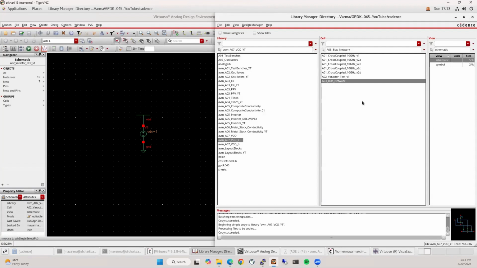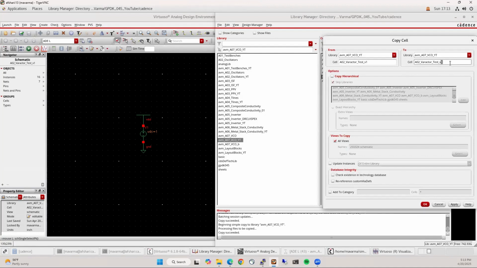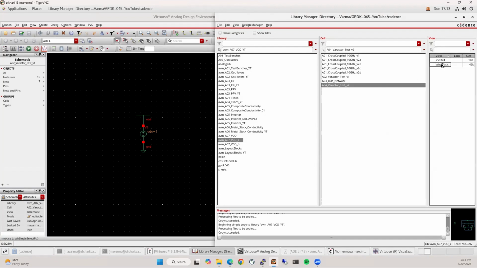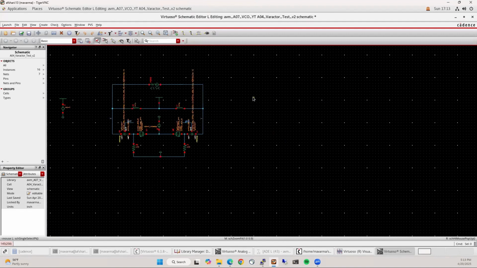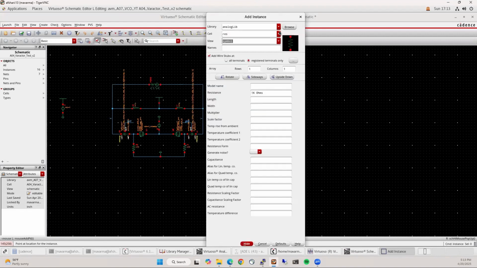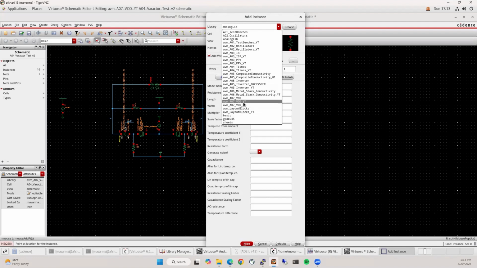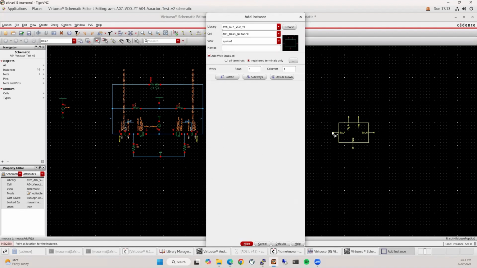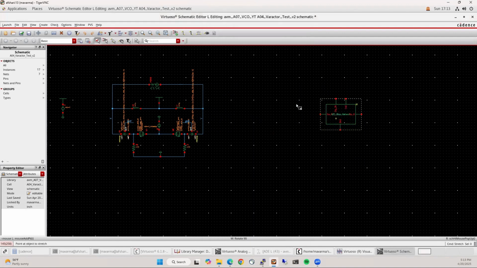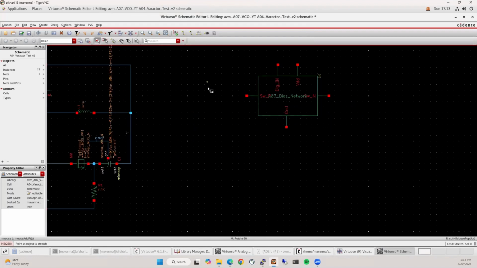Okay, so once you have the symbol, we can make a test bench, make a copy of the previous test bench, and let's do it that way. All right, so I will create some labels, label this X and Y, and we want to add our recently made bias network. Okay, that's what the symbol looks like.